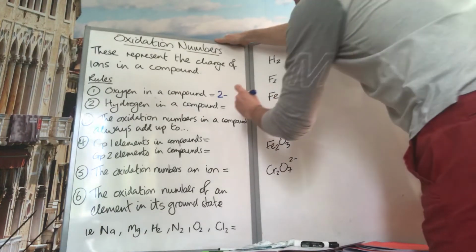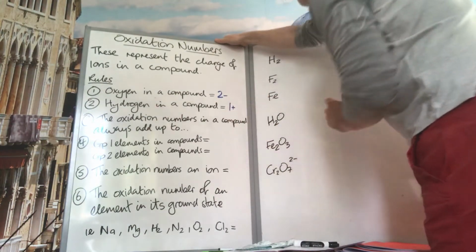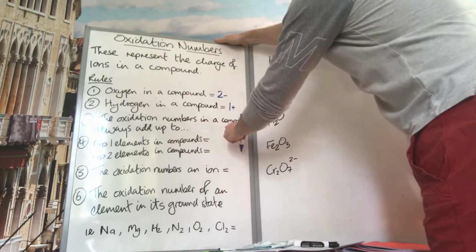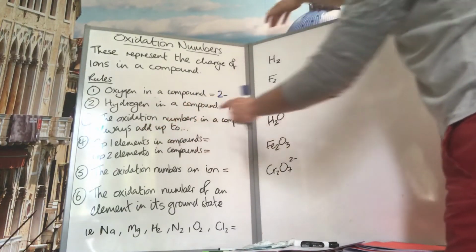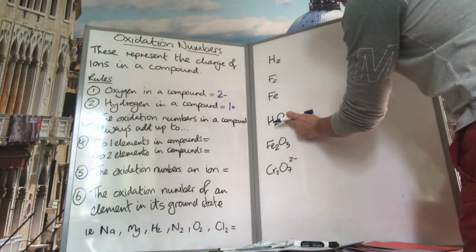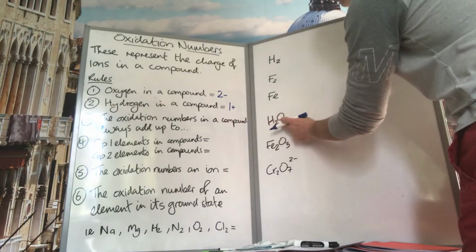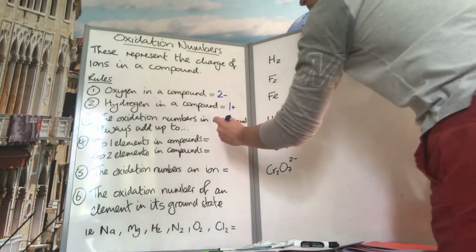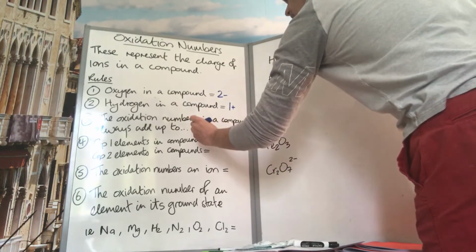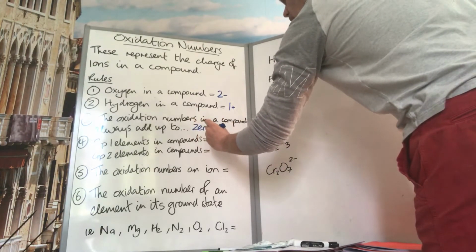Hydrogen in a compound will always be 1 plus. The oxidation numbers in a compound always add up to, so in a compound like this, a compound being 2 or more elements bonded together, always going to equal 0. So all the numbers add up to 0.